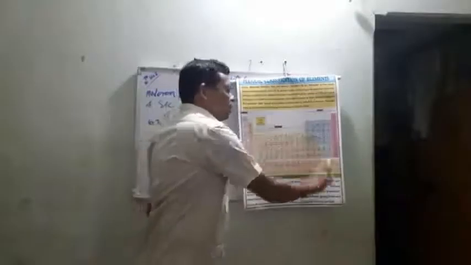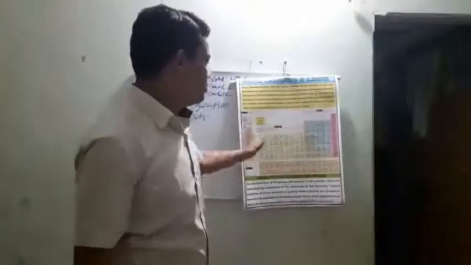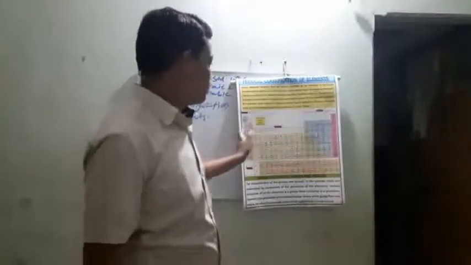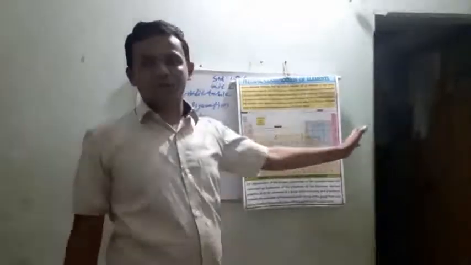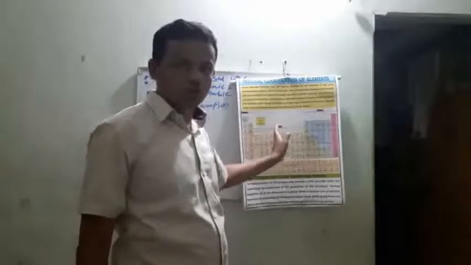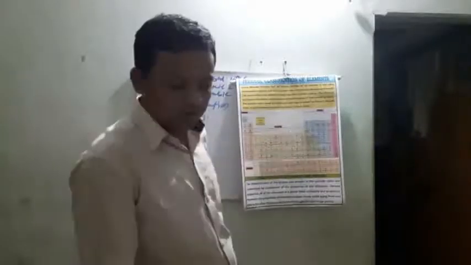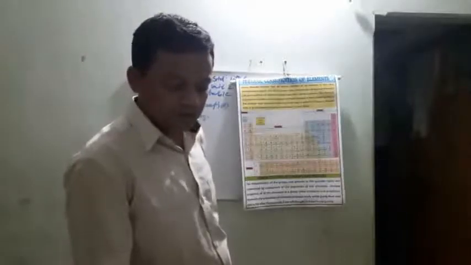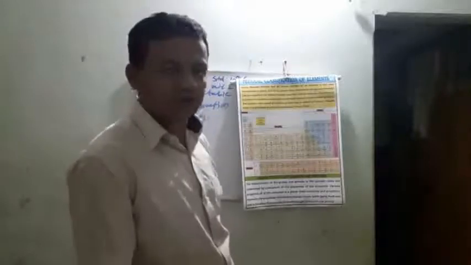So the properties of elements are totally based on the electronic configuration of elements. So in a period, while going from left to right, their properties show differences. The neighboring elements within the period differ slightly in their properties.